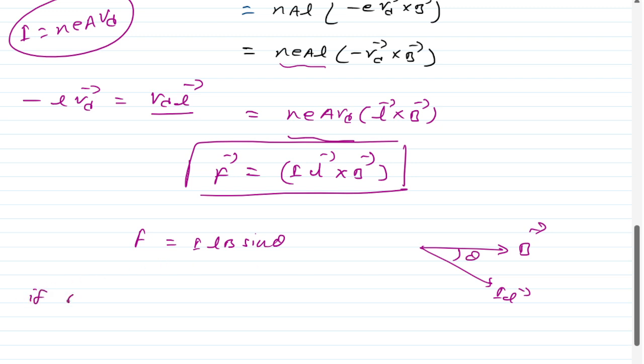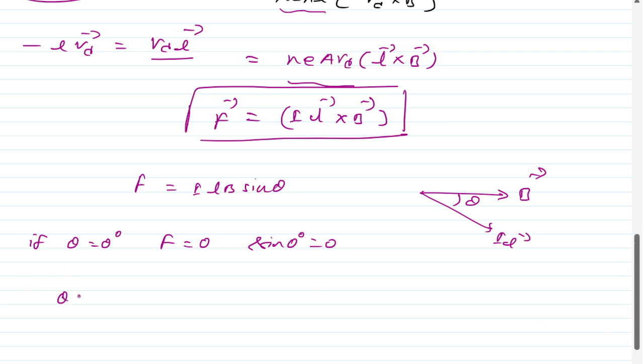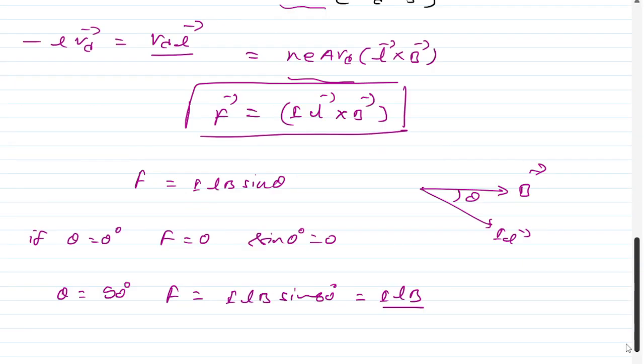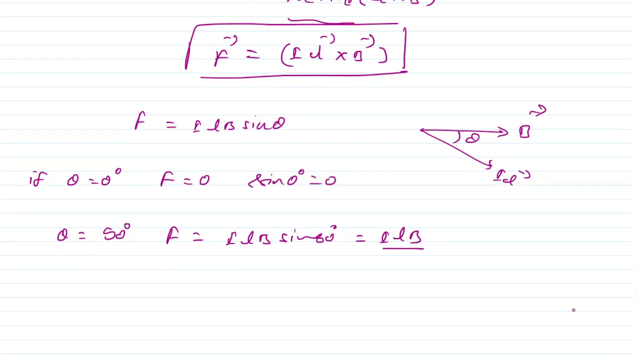Now if theta is 0 degrees, force will be 0, since sine 0 degrees is 0. And if theta is 90 degrees, force will be ILB sine 90. Sine 90 is 1, so force will be maximum, ILB.